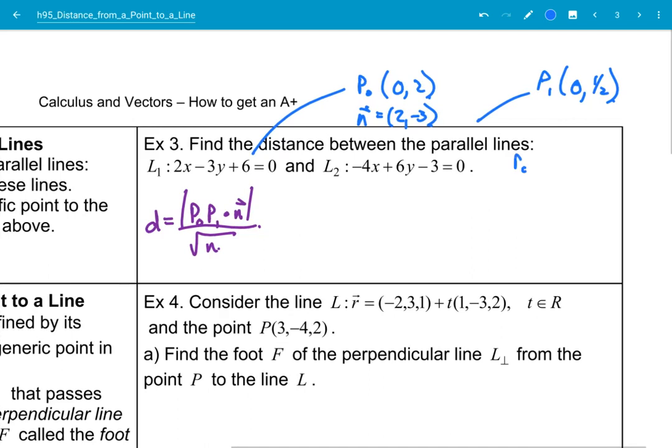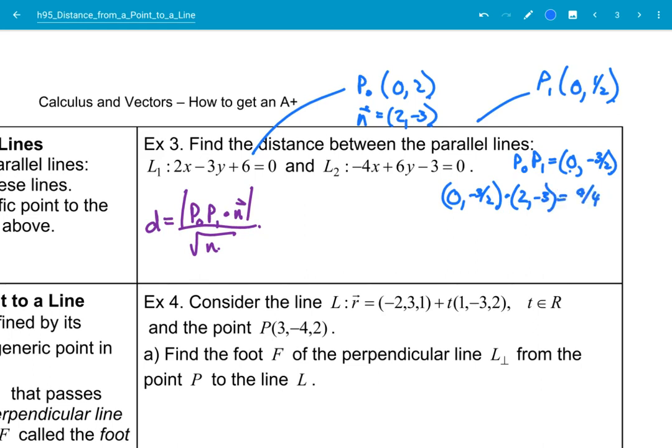So P naught to P1 is 0 and -3/2. So 0 and -3/2 dotted with 2 and -3 is 9/4.